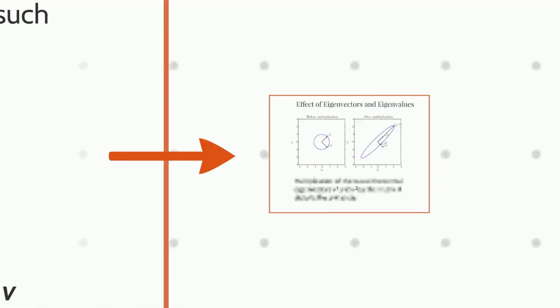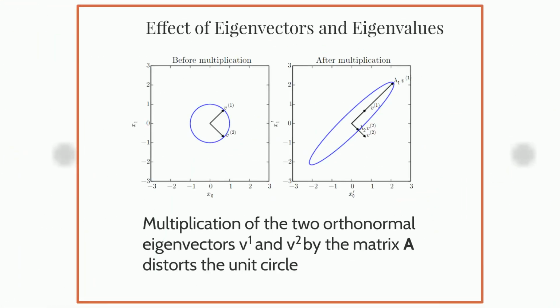Okay. So here's just a visual representation of that same process. Here we have 2 orthonormal eigenvectors, v1 and v2, and these are going to be eigenvectors for the matrix A. We have this unit circle, normalized to a magnitude of 1. If we multiply it by the matrix A, we are going to expand one of the eigenvectors.